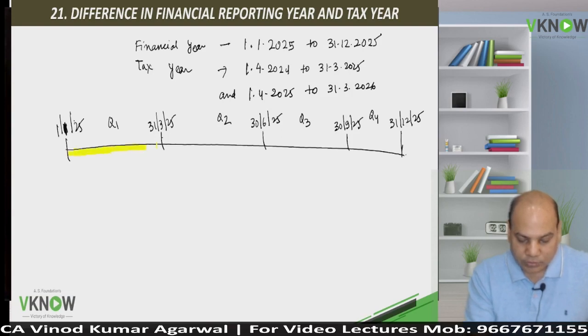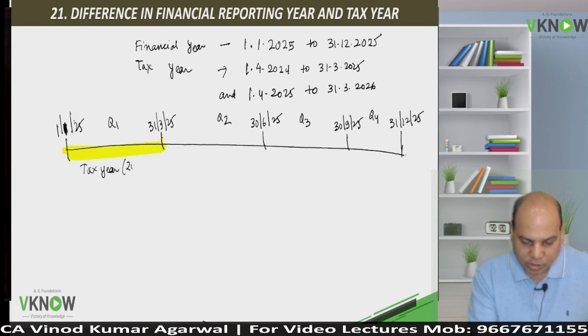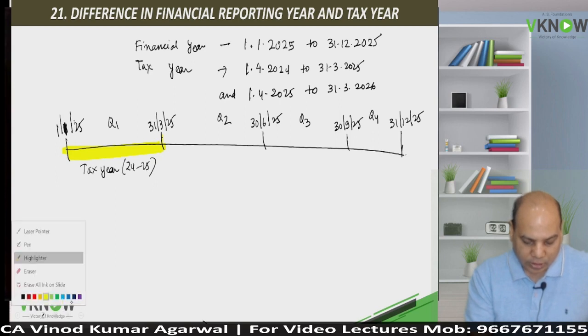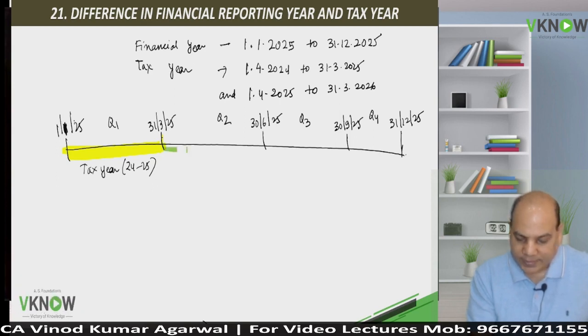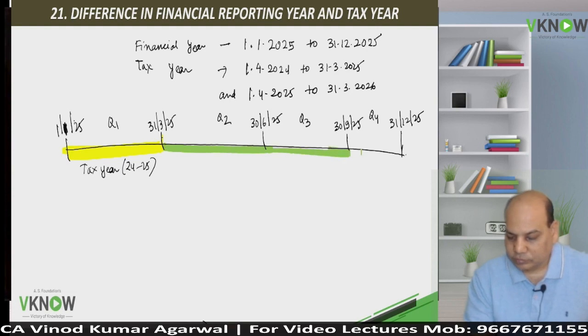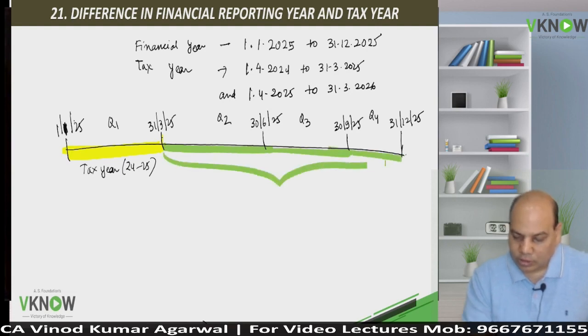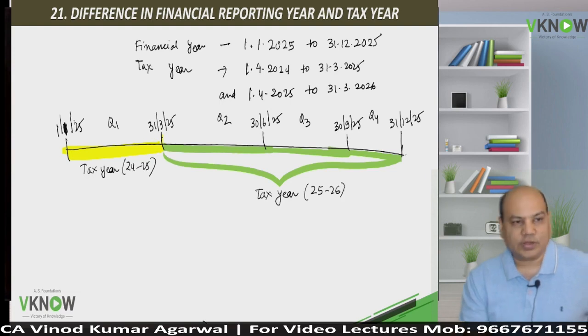This portion, 1st January to 31st March, will fall in the tax year we call 24-25, and the other 3 quarters will fall in the second tax year, which we will call 2025-26 tax year.